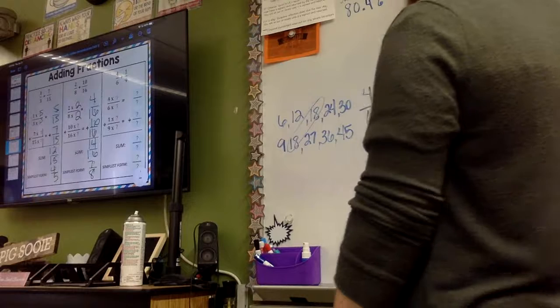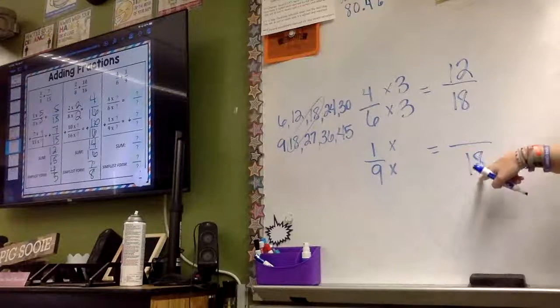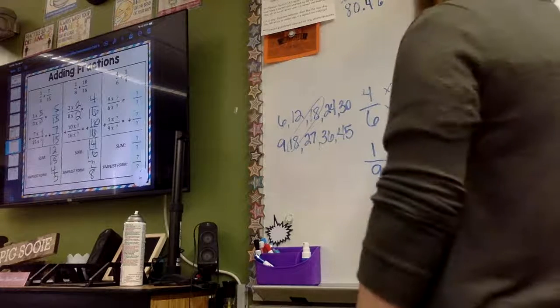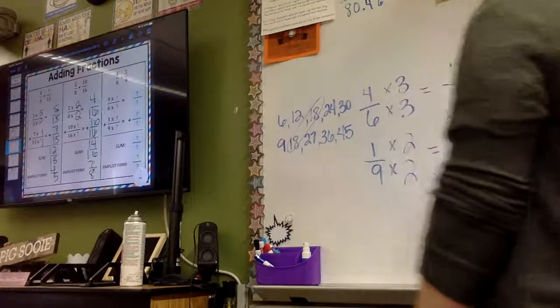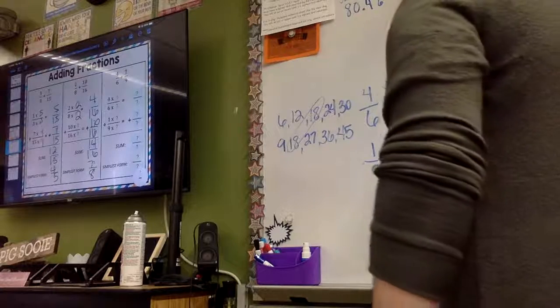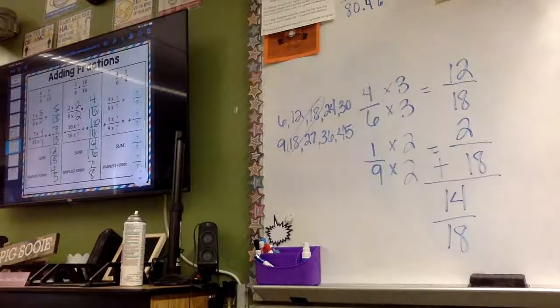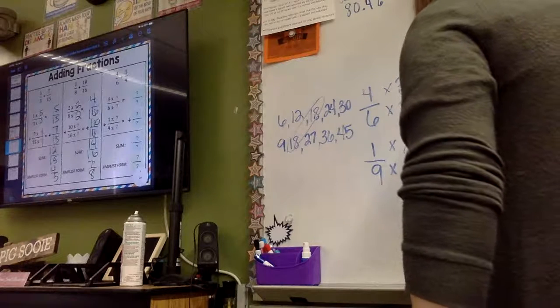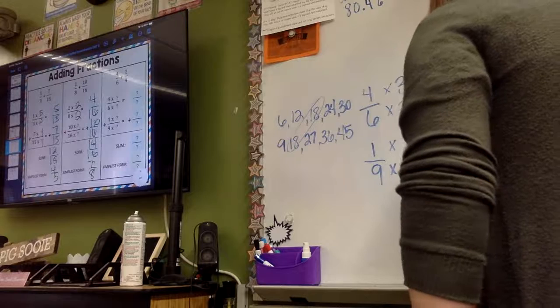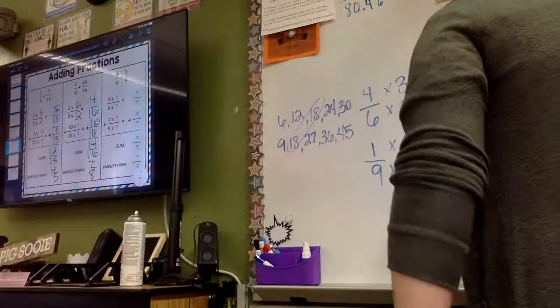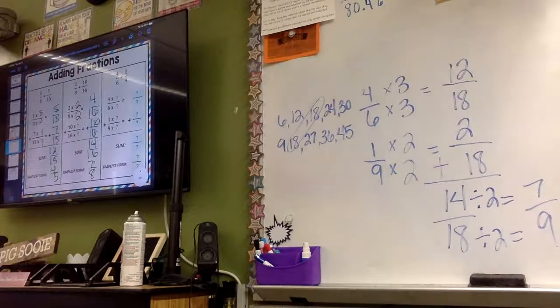This will be what? 12. 9 times what is 18? 2. 1 times 2 gives me a 2. Add them up. 14/18. Same thing as the last one. They're both even. So we're going to divide by 2. So we get 7/9.